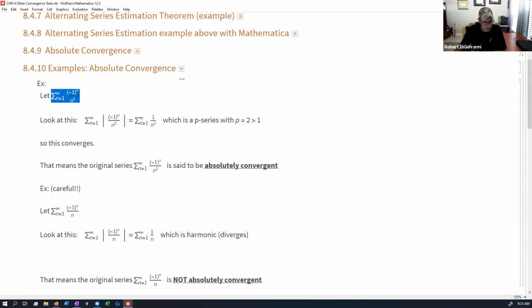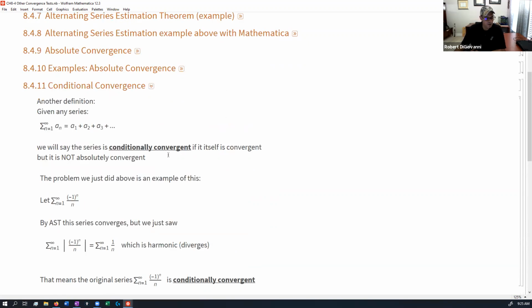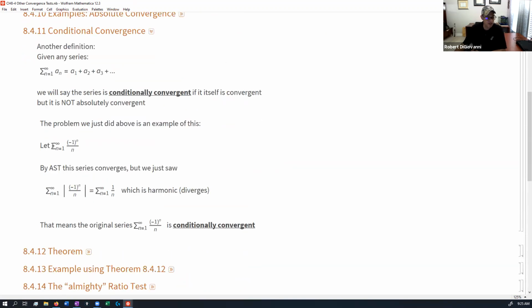In the problem that we just did, negative 1 to the n over n, the alternating series test shows us it converges. This converges, but the absolute value doesn't. It diverges. When that happens, we will say that the original series is conditionally convergent. So if the original series converges, but the absolute value diverges, that's conditional convergence. Got it?